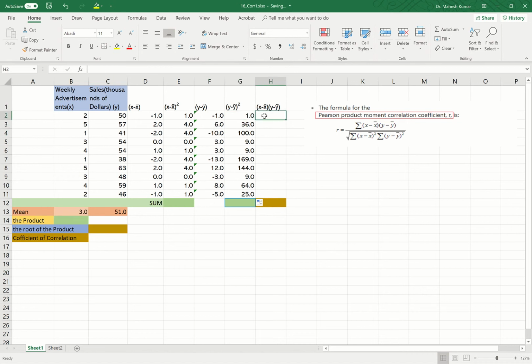And then we need to do x minus x bar, which is here, and y minus y bar, which is in column F. So we need to multiply column D with column F, and I click enter here, and then I scroll down the same way.